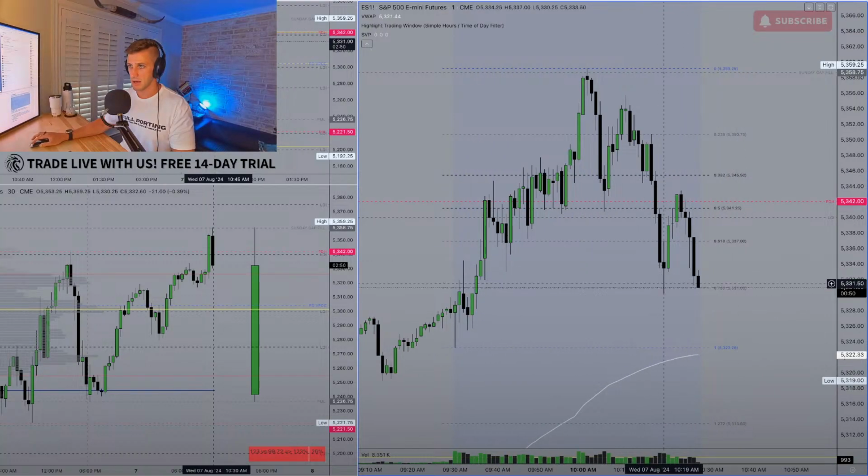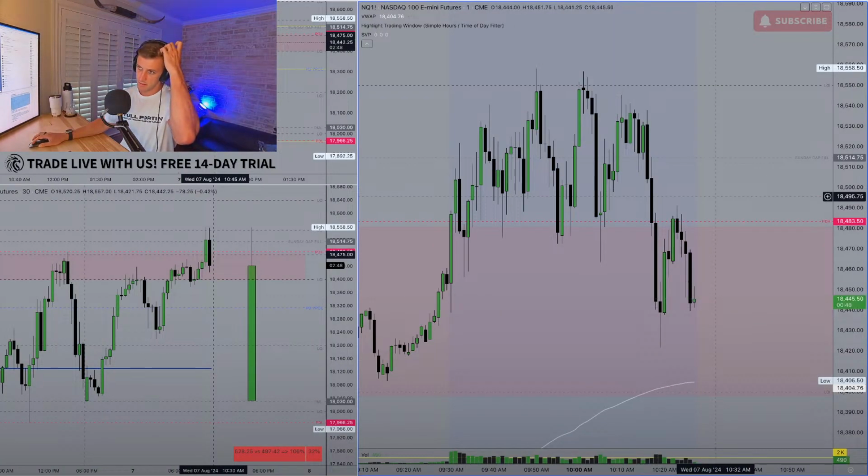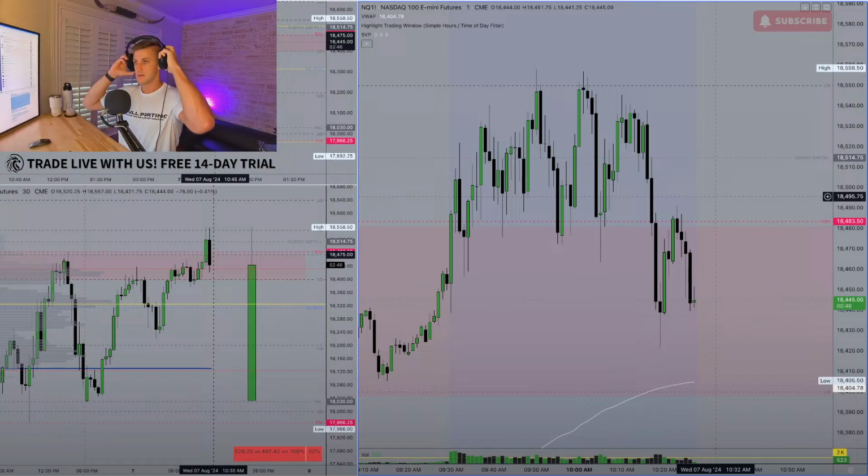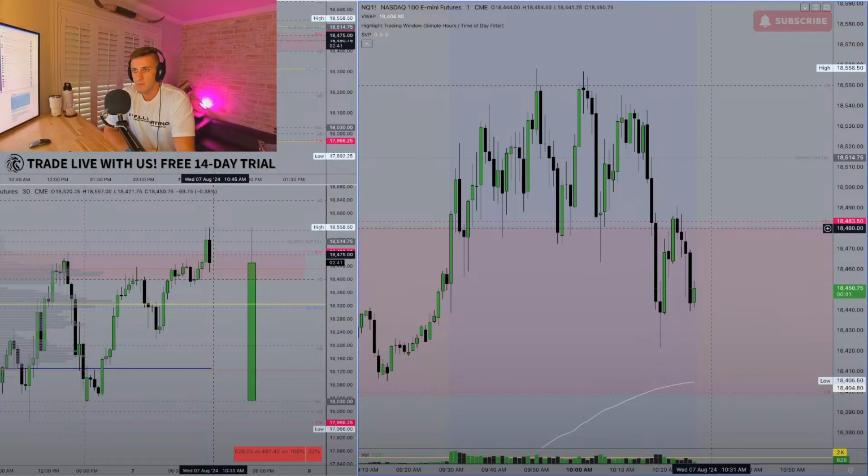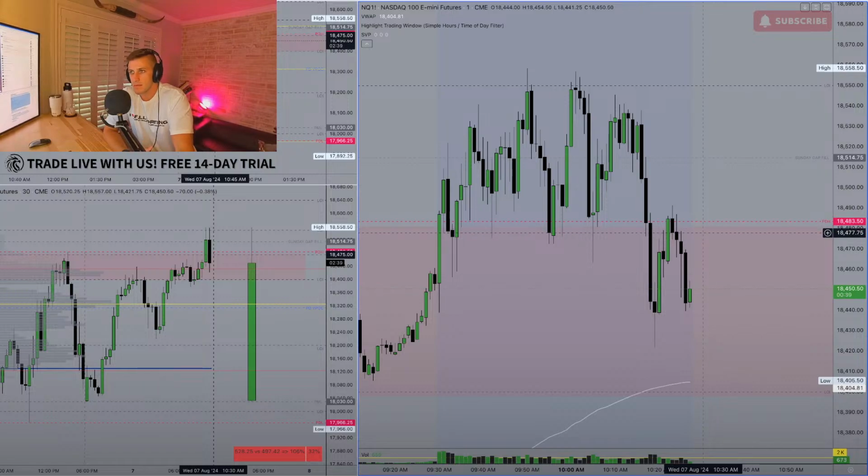So ES back into that bounce point. Let's see NQ. Let's see this. Prior day high holds as support all morning, right?